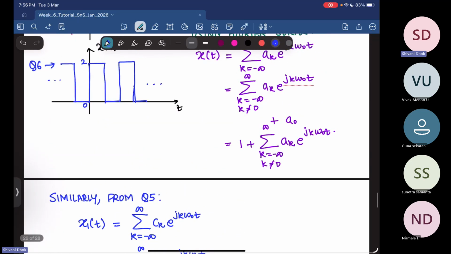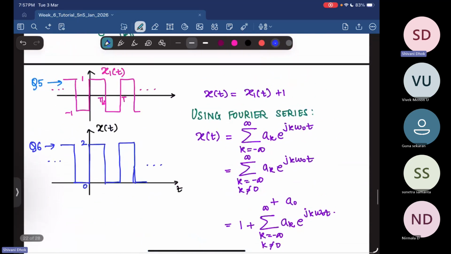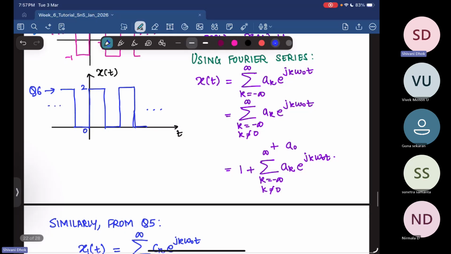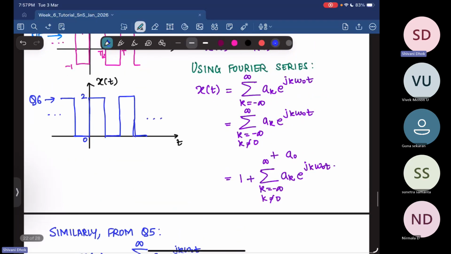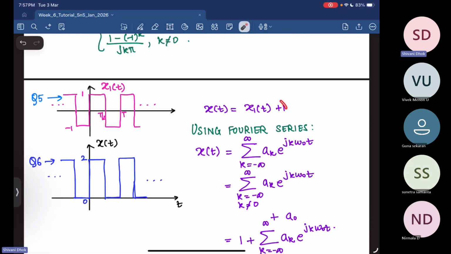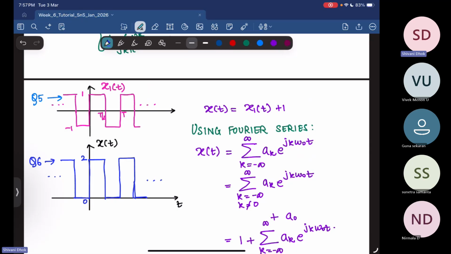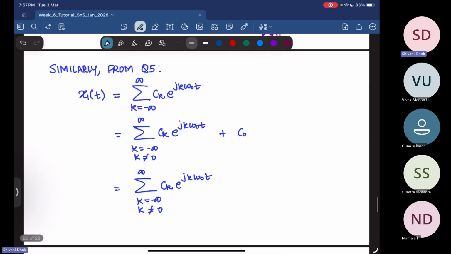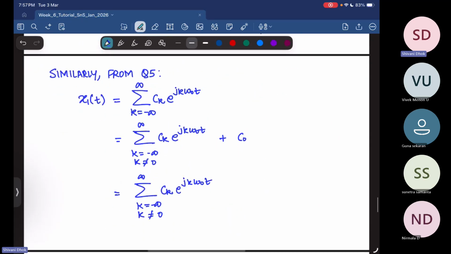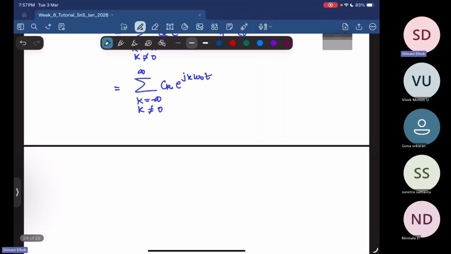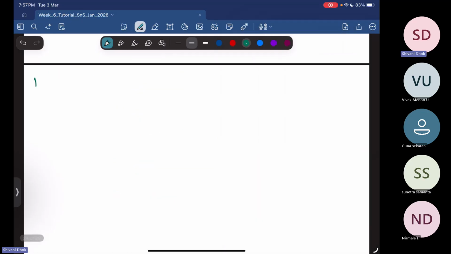Okay. Now if I plug in these two representations in this particular equation, so let's say this is my equation number 1. Let me add a page. So from 1, what we have is x of t is equal to 1 plus x1 of t.